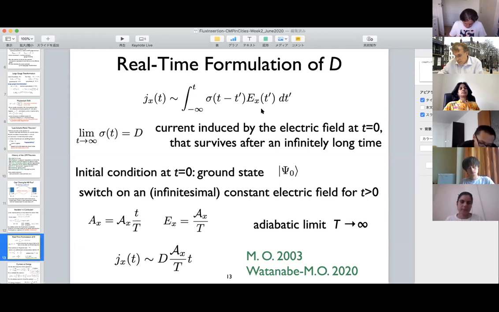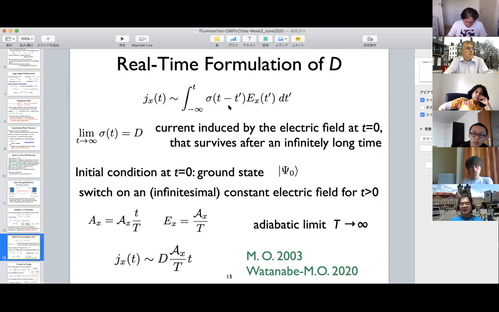Within linear response theory, this is the linear response to the applied electric field. But this response can happen with some time delay. So current density at time t can be affected by the electric field at time t prime, as long as t prime is less than t because of causality. So you have this convolution kernel, and this sigma of t represents the current response to the electric field with a given time delay.